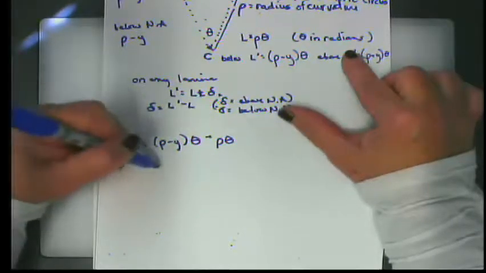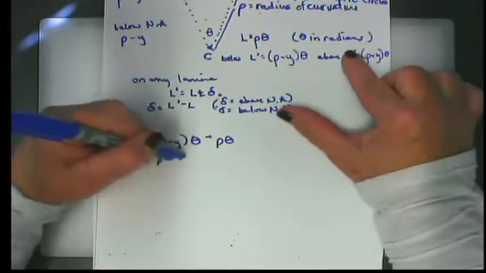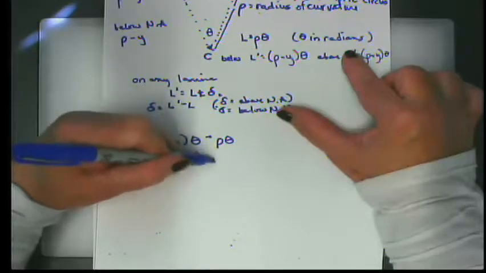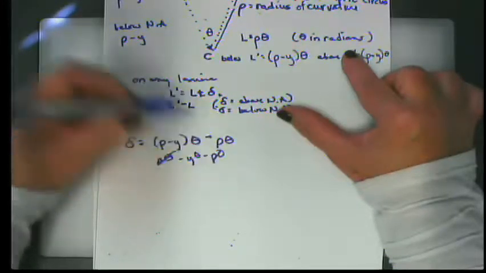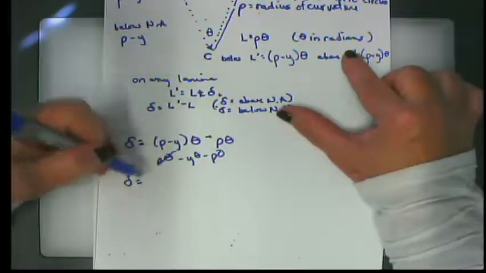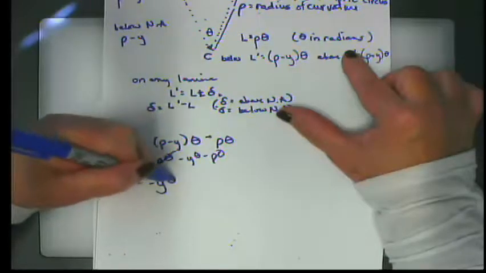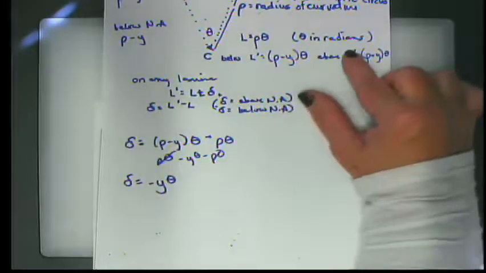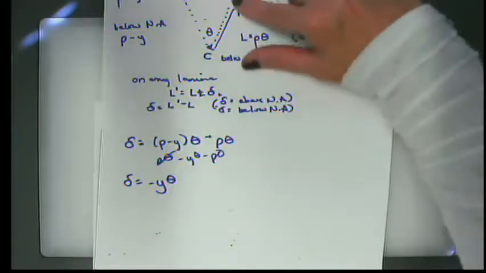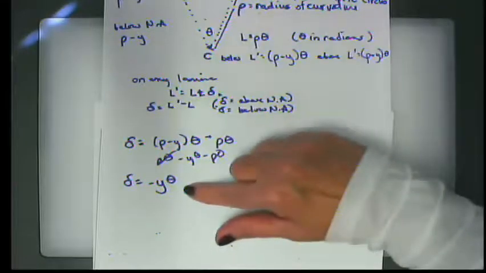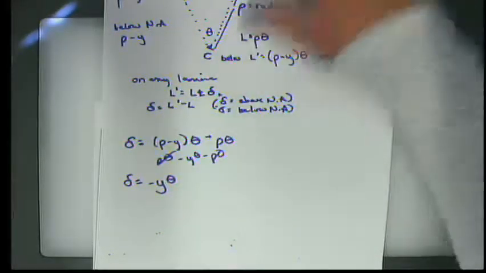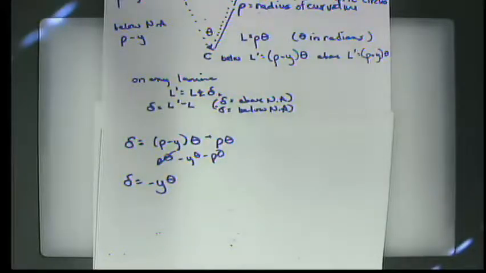If you continue this through, we get rho theta minus y theta minus rho theta. You can see that those go away, and I'm told then that del is equal to minus y times theta. So that basically is saying below, del is negative; above, it's positive.